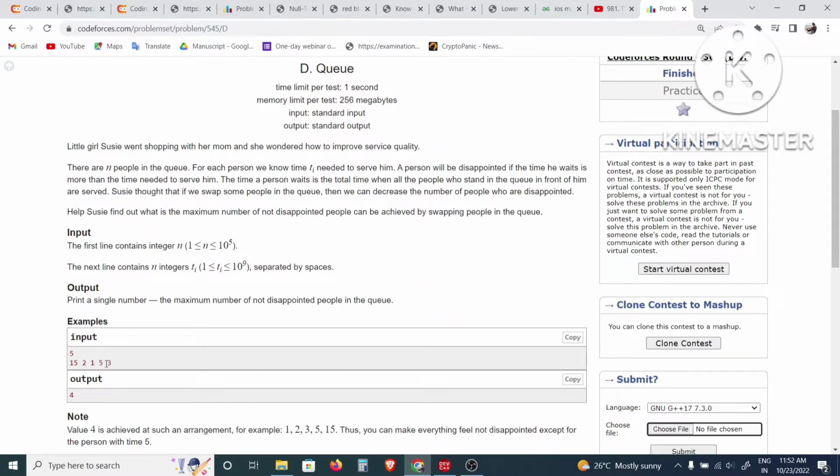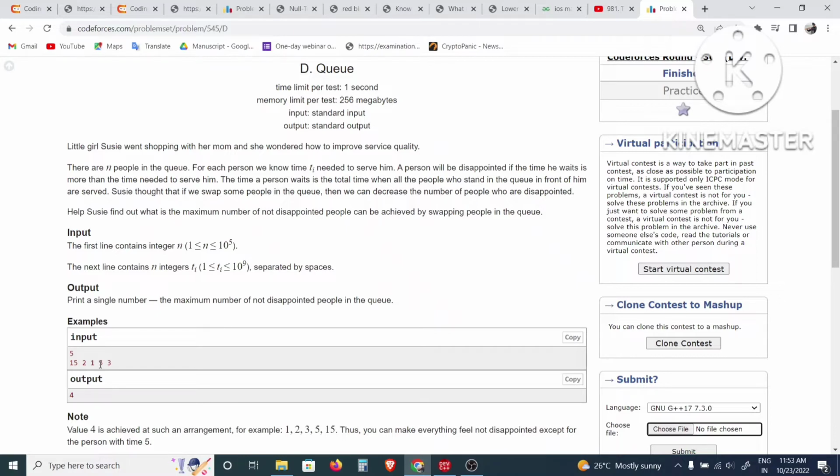You need to rearrange them in such an order that the maximum number of persons can get their work done before their waiting time finishes. If a person has to wait more than the waiting time he has, then that time cannot be counted in the sum for the next person. Okay, so this is the question.